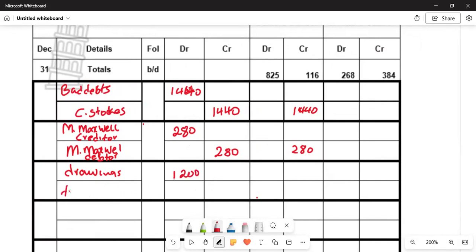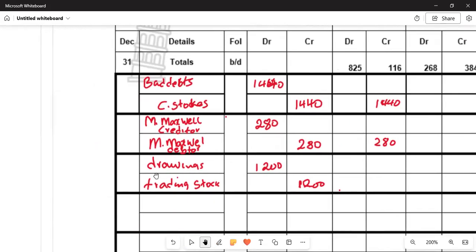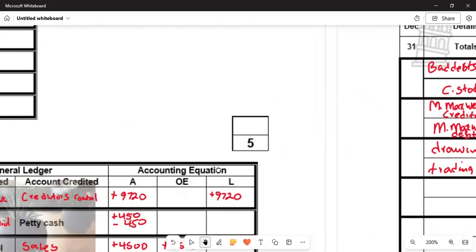And then we have trading stock of how much? 1,200 on the credit side, as we are taking the stock out. So now we are moving on to another transaction.